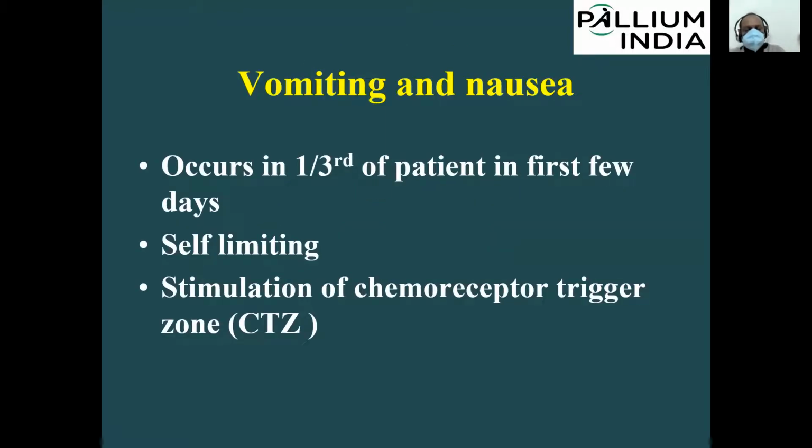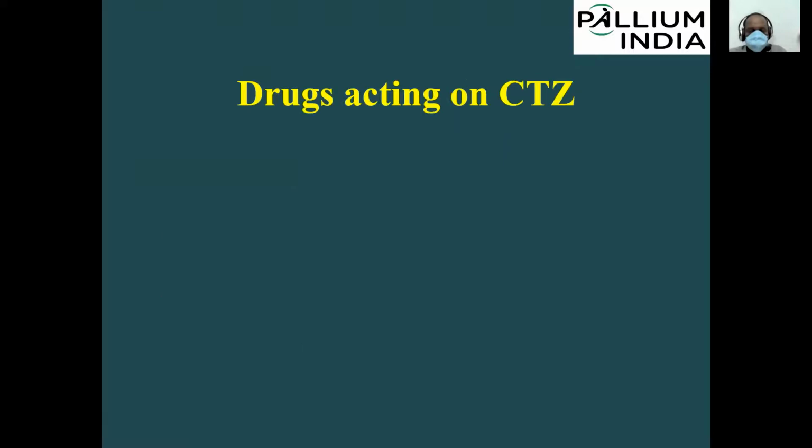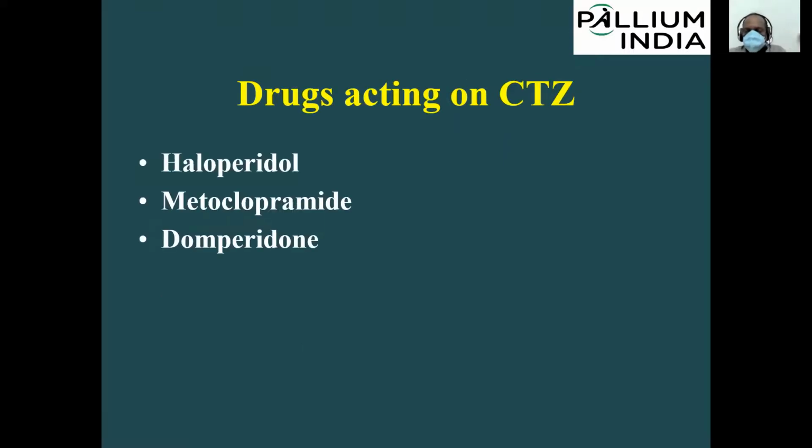And nausea and vomiting occurs in almost 30% of patients, but it will be there only for the first few days, maybe 3 to 5 days. After that, it will subside by itself. But for the first 3 to 5 days, you have to give an antiemetic, and the preferred antiemetics are haloperidol, metoclopramide, or domperidone.